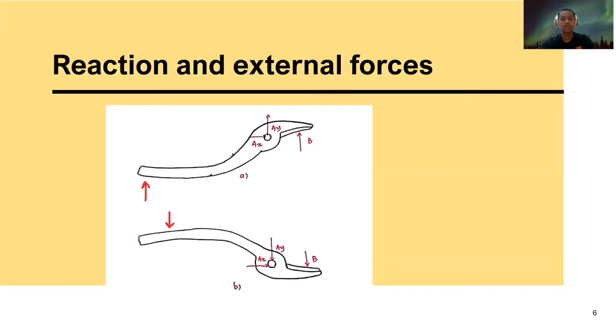As we said, at center A, we assume that the reaction is in both positive x direction and positive y direction for the part A. And for the part B, we assume that the reaction at A must be in a different direction than the first part.